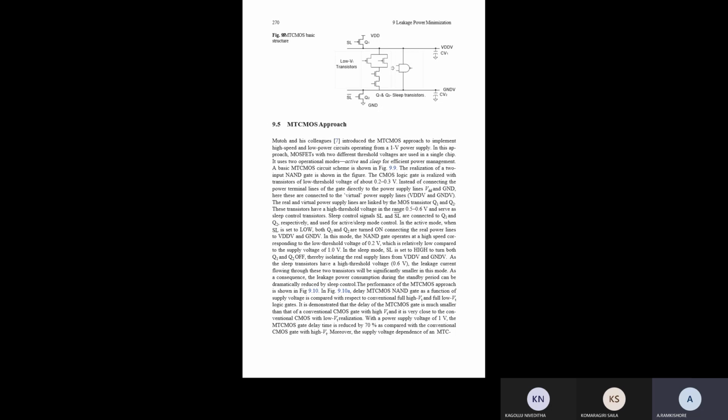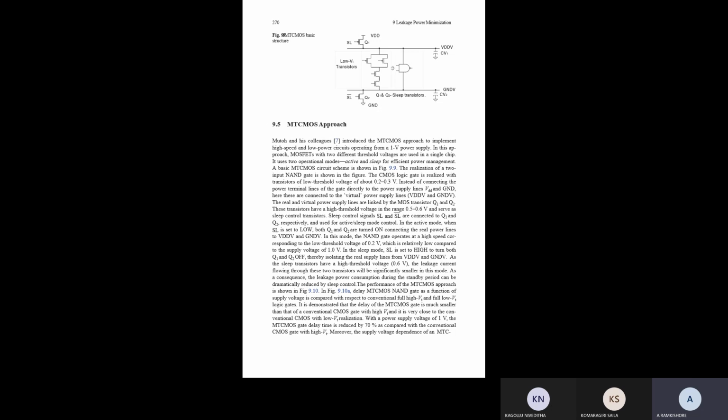Whatever we have implemented, a two input NAND gate under CMOS technology, in that CMOS circuit the two p type transistors will be connected in parallel, and the remaining n type transistors will be connected in series. And at the VDD side, it will be connected to a p type transistor.